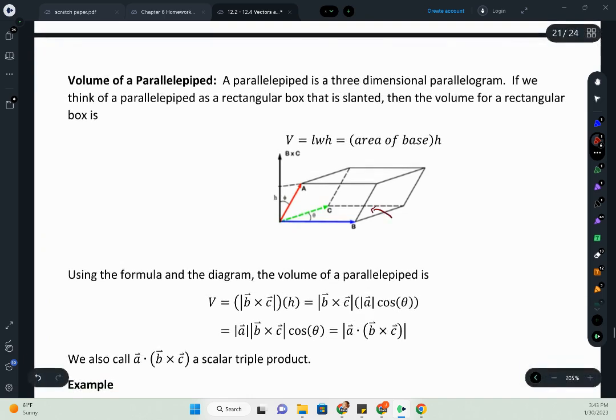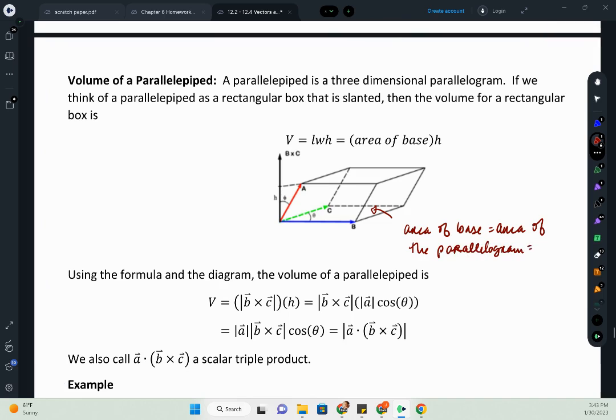So the area of the base is equal to the area of the parallelogram. Okay, and so in our case, that's going to be the magnitude of B cross C.